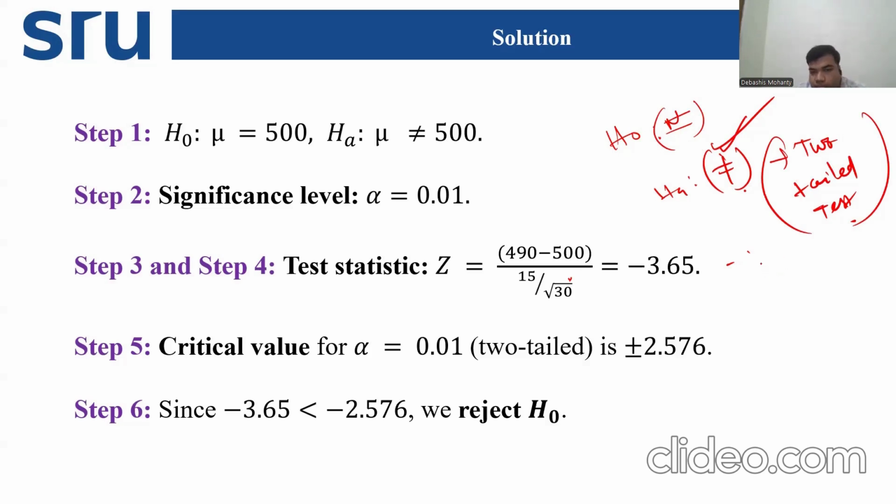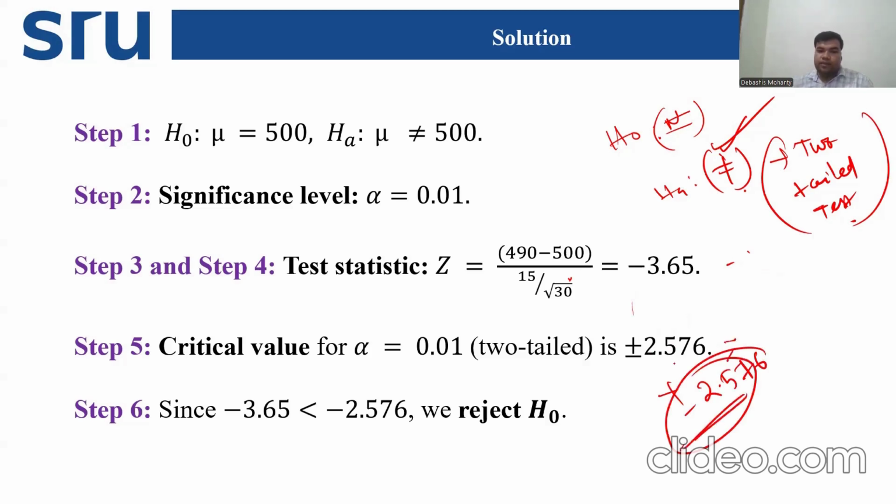So for a two-tail test, alpha equal to 0.01 at the significance level, what is the value? Already I have shown you the table. Yes, tell me, what is the critical value? The critical value is plus or minus 2.576. Right.